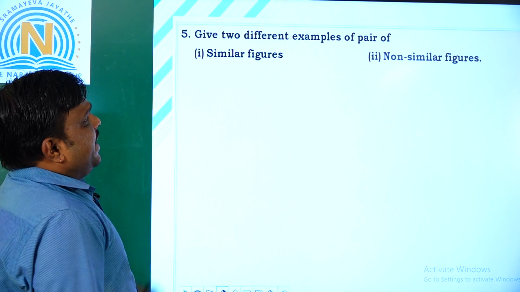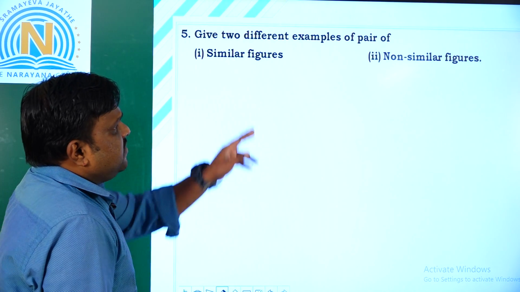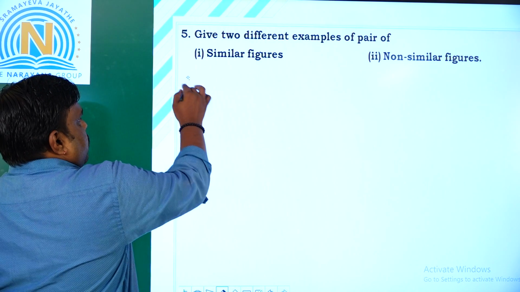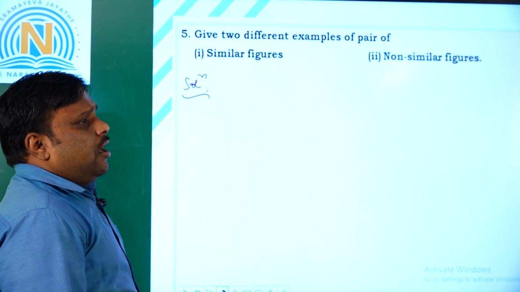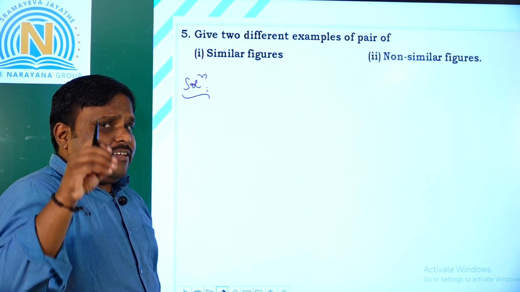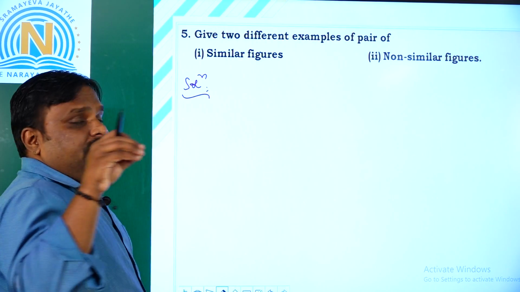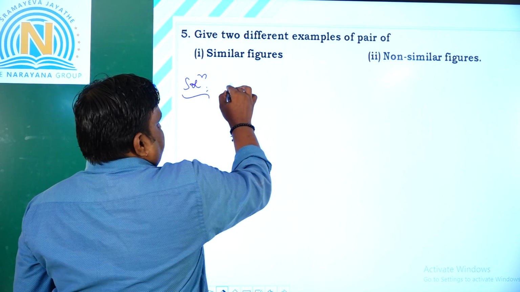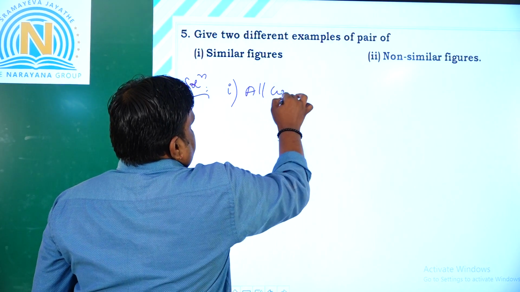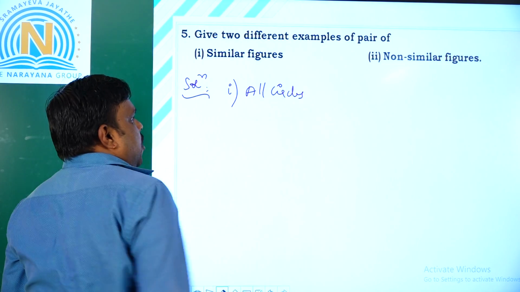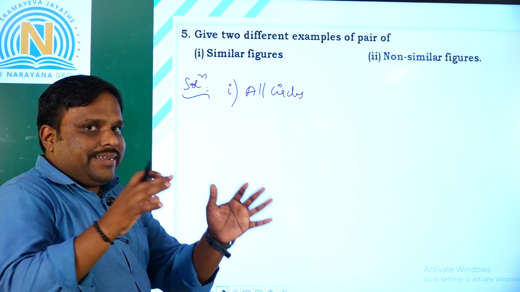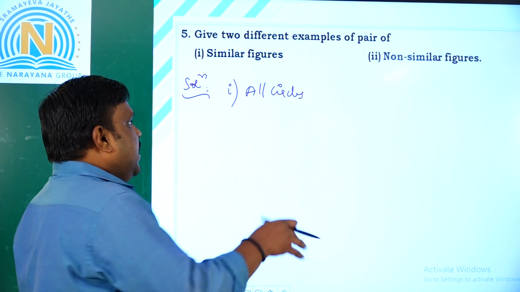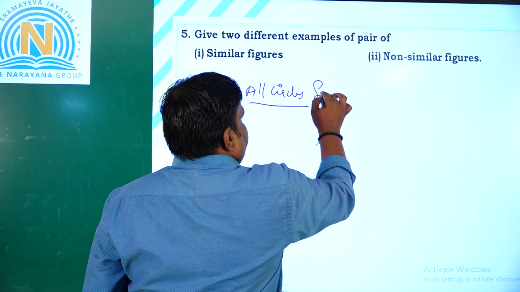Give two different examples of pairs of similar figures and non-similar figures. Similar figures means the shape must be the same. Let us take circles. All circles, whether of the same radii or different radii, have the same shape. That's why all circles come under similar figures.